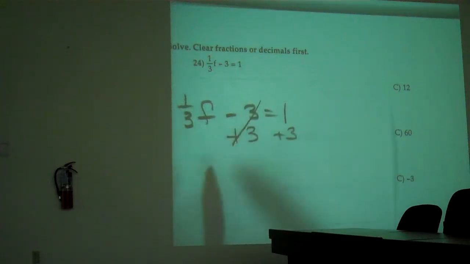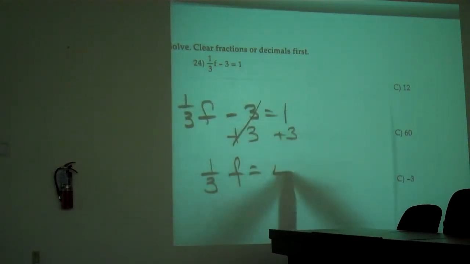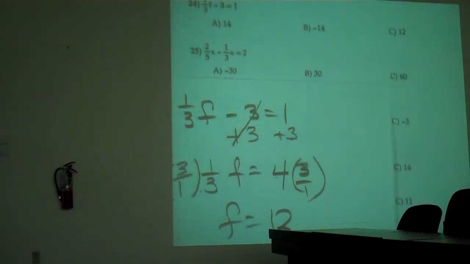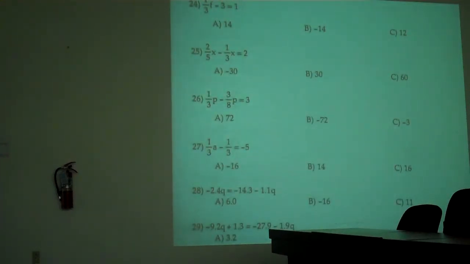That looks like the same one we just did. 1 plus 3 is 4. And then we're going to multiply by 3 over 1. 3 over 1 is 12. Okay, let's do another fraction one. This fraction one looks like it would be easier if we multiply by the reciprocal, huh?